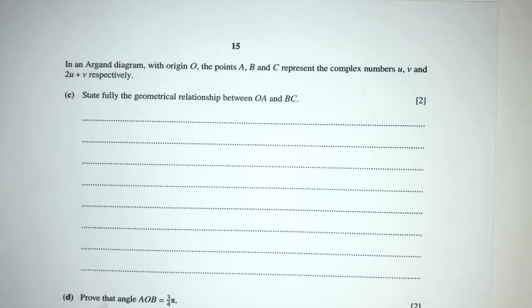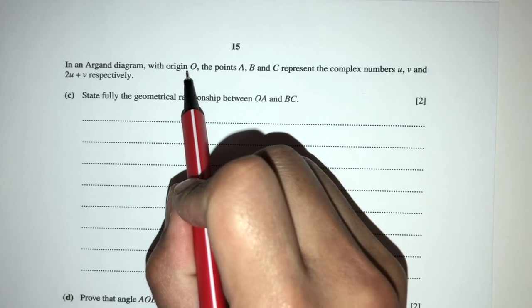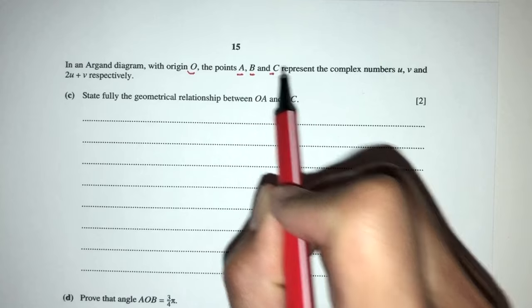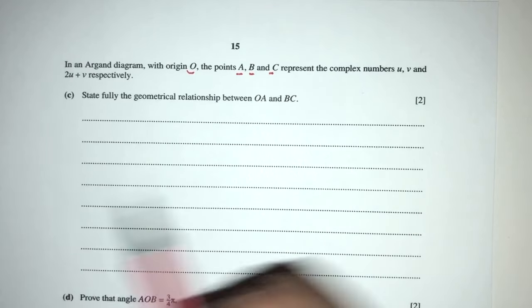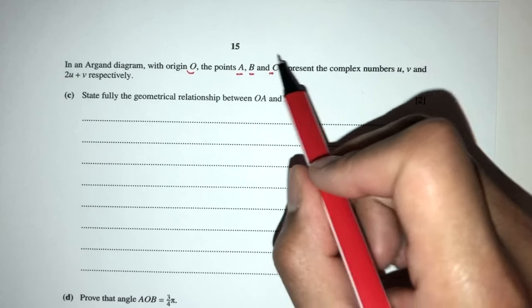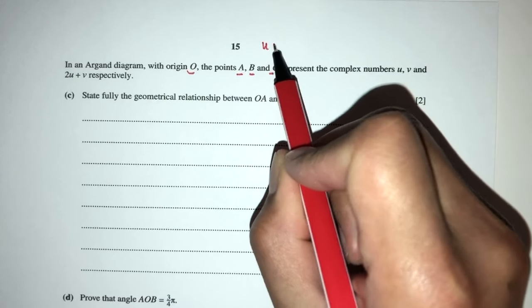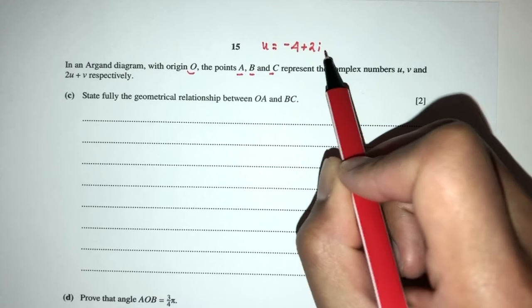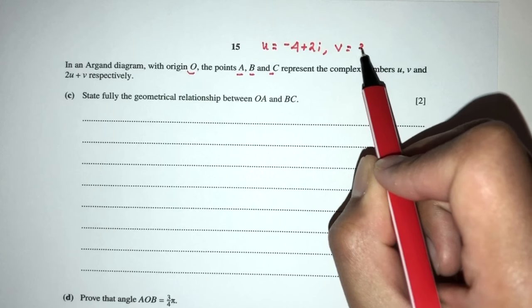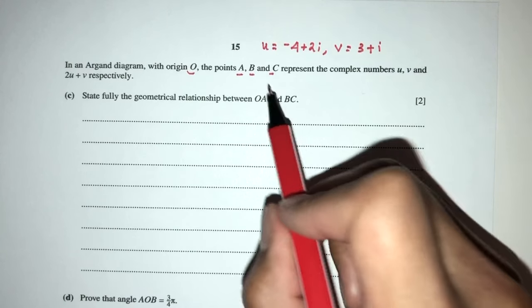Now here in the Argand diagram with the point O and the points A, B, and C representing the complex numbers u, v, and 2u plus v. So let me write those points down. So u was given to you by minus 4 plus 2i. v was given to you by 3 plus i. And then we have 2u.